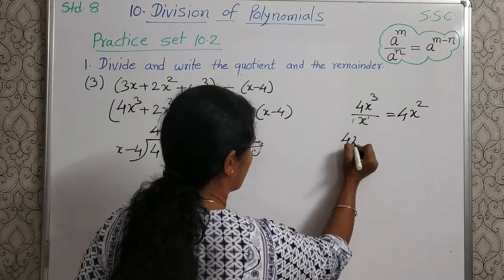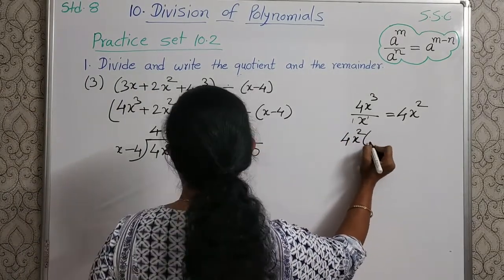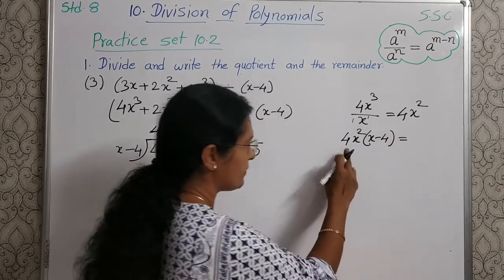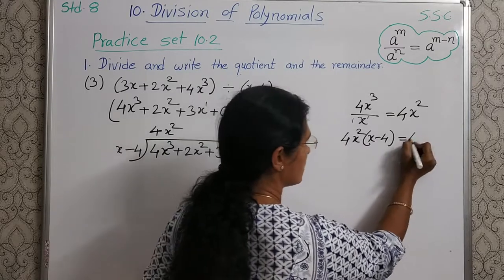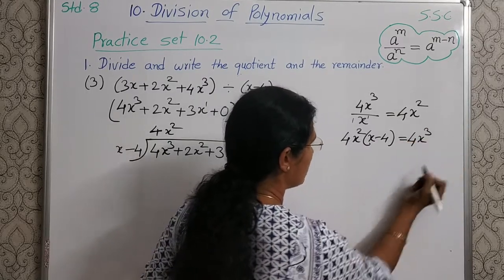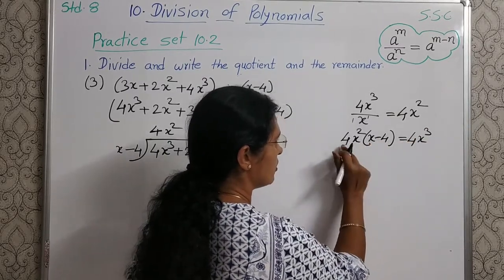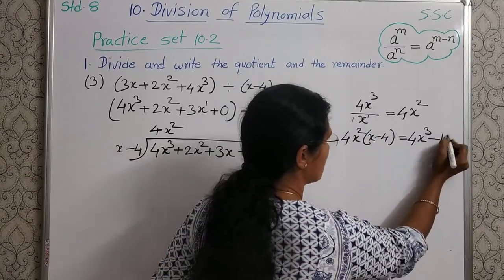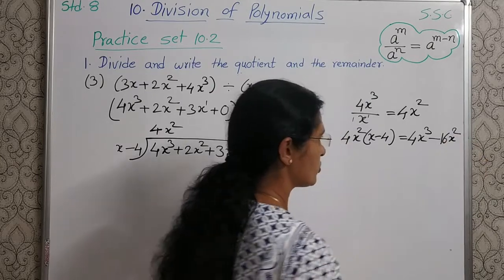So 4x square multiplied by x minus 4. Now multiply 4x square into x is 4x cube, then minus 4x square into 4. So it will be minus 4 4s are 16x square.